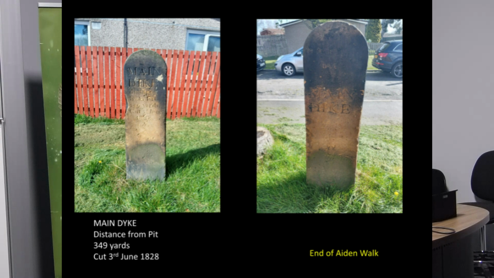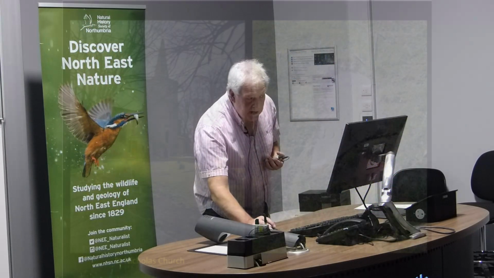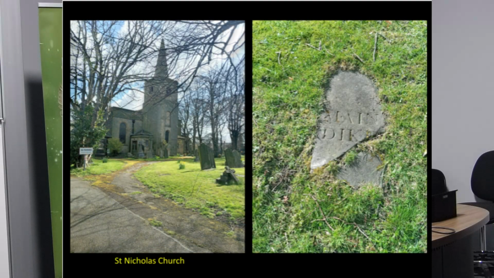This one just says main dike on the side of it. And then in St Nicholas Church on Church Road, just up from South Gloucester, there's another one. It's lying flat on the ground, and it's got a crack in it, and it's got main dike written on it. I wanted to see if you could lift it to see what was on the other side, but I have been reliably informed that it's just plain on the other side, so nothing on it.